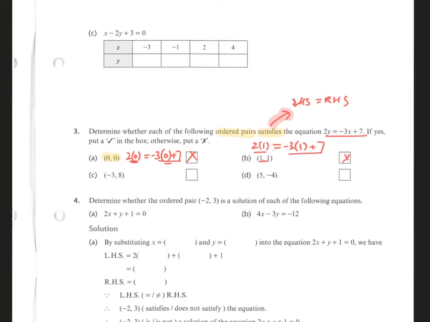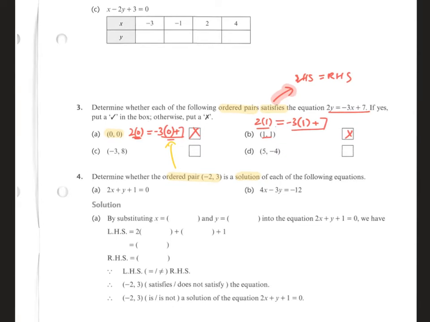Next, number 4 is asking whether the ordered pair is a solution of the equation. So we are doing something similar to what we did in number 3, but the difference is how you present the answer, because you need steps this time. I will put x, y equal to minus 2, 3, because you're checking the ordered pair minus 2, 3 in the equation.